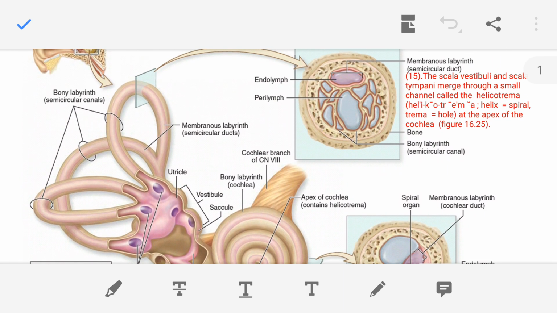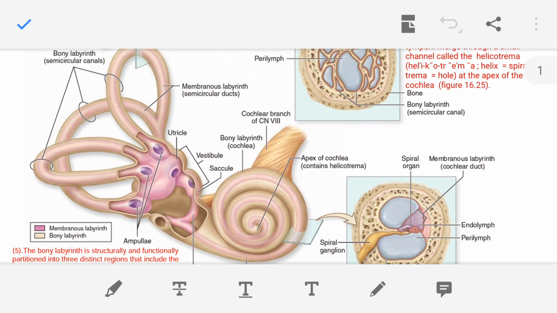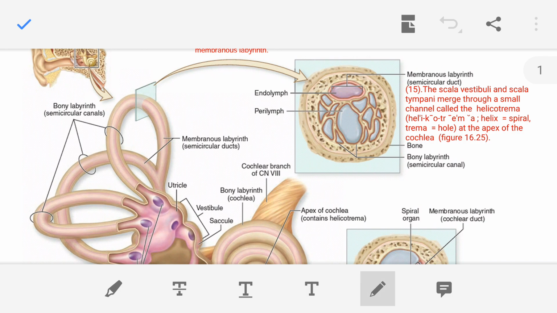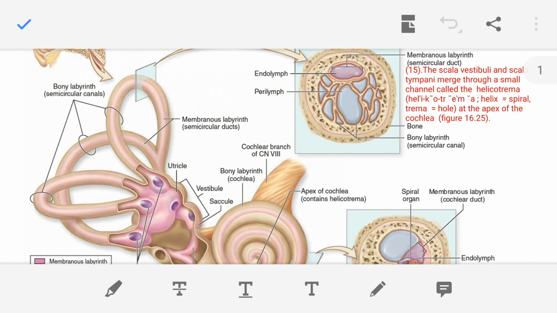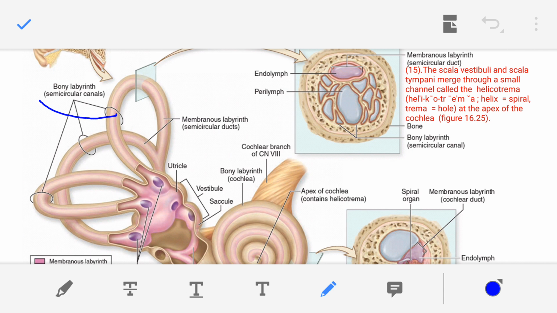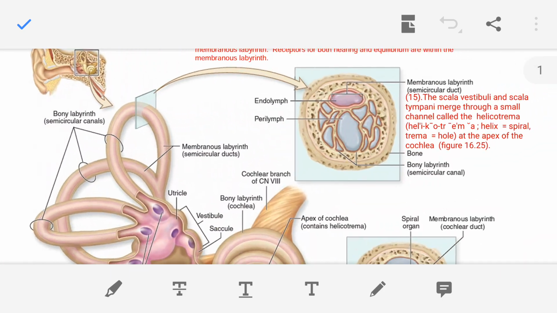Here in this figure they are showing the entire inner ear, and as you can read, bony labyrinth, semicircular canal. You can see these three, 1, 2 and 3, are the three semicircular canals, part of the bony labyrinth.